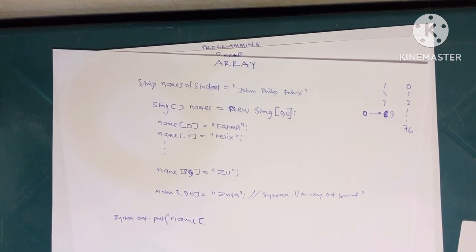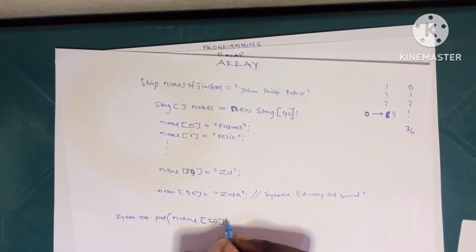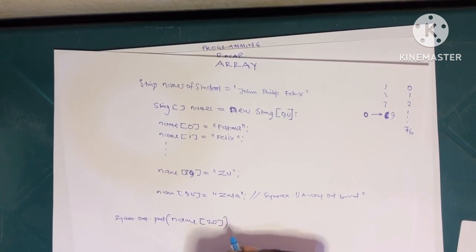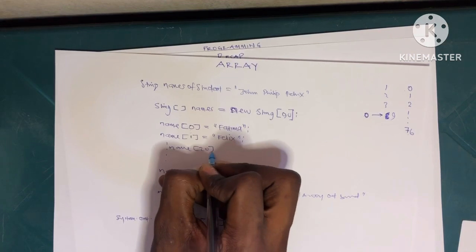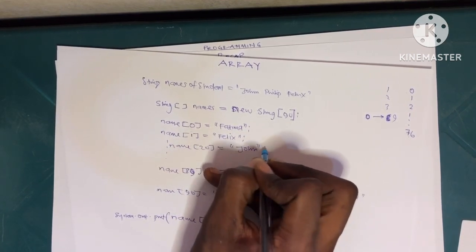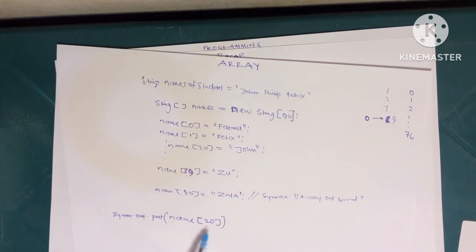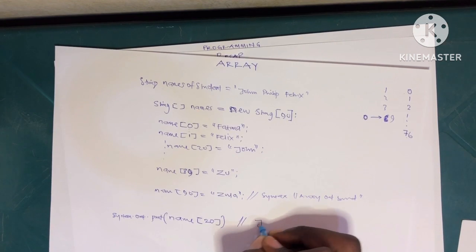Let's say you want to know who the 20th student in the class is, then say 20. Let's assume we assigned the 20th student in the class to be Johnson, or John just for simplicity. When you say name 20, the computer will print an output of John.